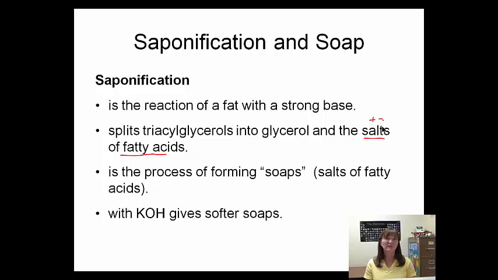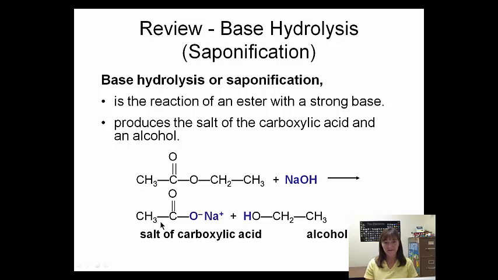2 of the common bases that we do saponification with are sodium hydroxide and potassium hydroxide. If you use potassium hydroxide, that ends up giving you a softer soap than sodium hydroxide. So here is an example. This is just a review of base hydrolysis from organic chemistry. I just grabbed this slide from back when I was teaching you saponification with esters, the first time we talked about esters.